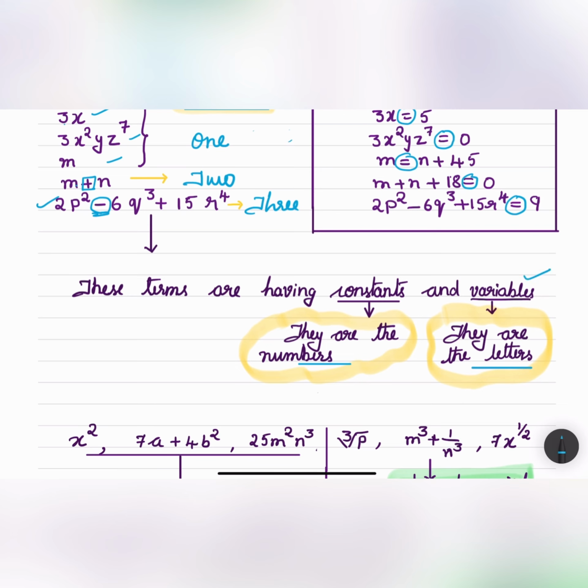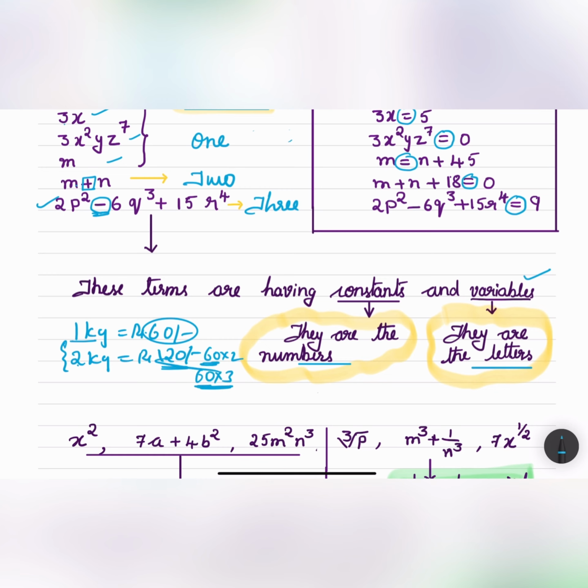Like if 1 kg of mango costs 60 rupees, and different people take different quantities, somebody who takes 2 kgs has to pay 120 rupees. So 60 rupees is constant, and this will vary: 2 kg, 3 kg. According to that it will be 60 into 2 or 60 into 3. So this 60 is constant.